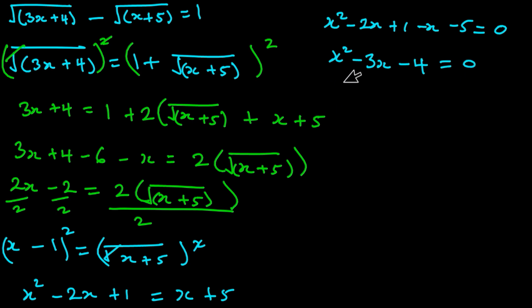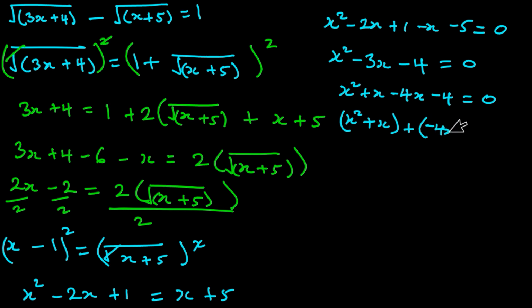Now don't forget that I can write this equation as x squared plus x minus 4x minus 4 is equal to 0. Right. So we have x squared plus x into bracket just like this, then plus minus 4x minus 4 into brackets just like that.